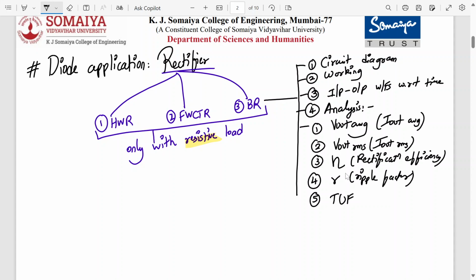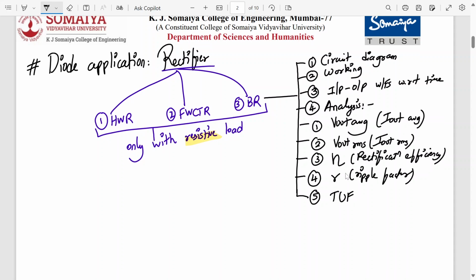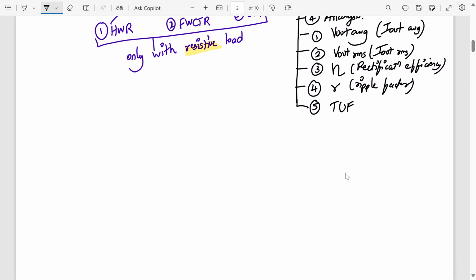For all three types of rectifiers, we have to find these things. Points 1 to 3 are circuit diagram, working, and input output waveforms, and from the analysis part, points 1 to 5. Alright, so can we start with the half wave rectifier with R load? Let's start the first one.